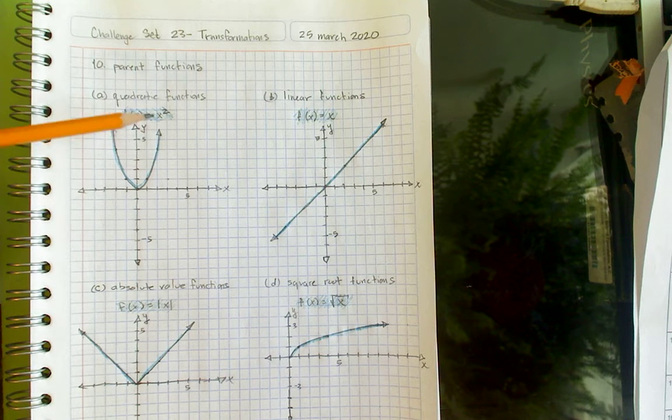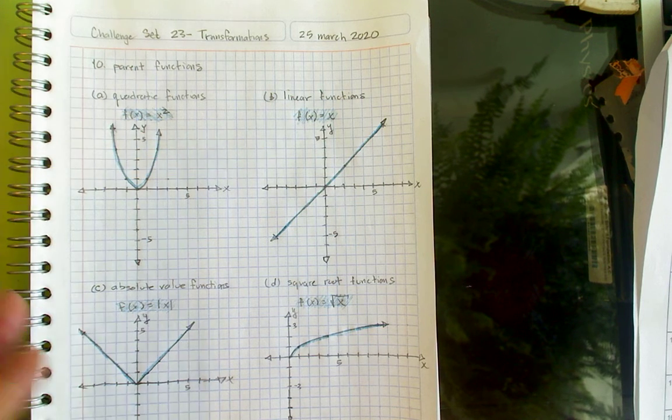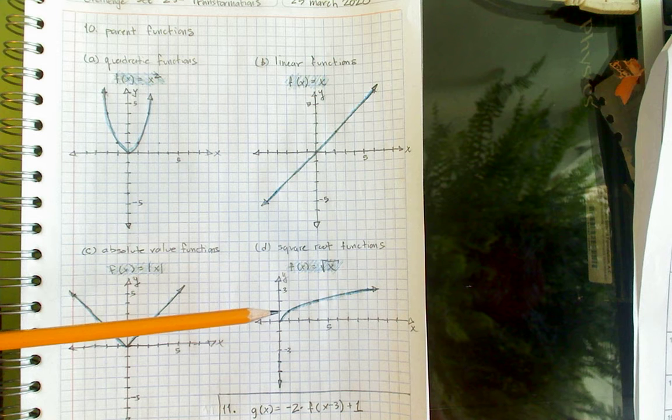It's the simplest possible quadratic function. For linear functions, we've got f of x equal to x, and for absolute value, f of x equal to the absolute value of x right here. And then finally, for the square root functions, f of x equals the square root of x, which is graphed right here.